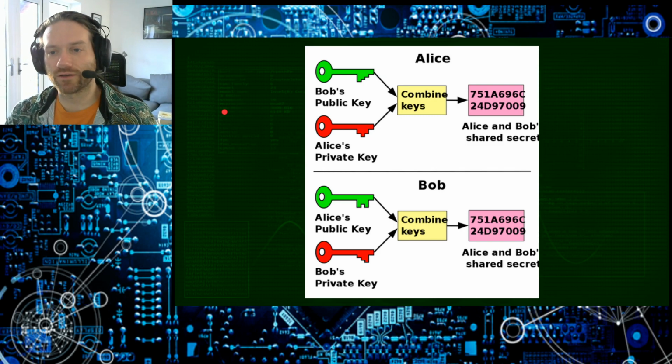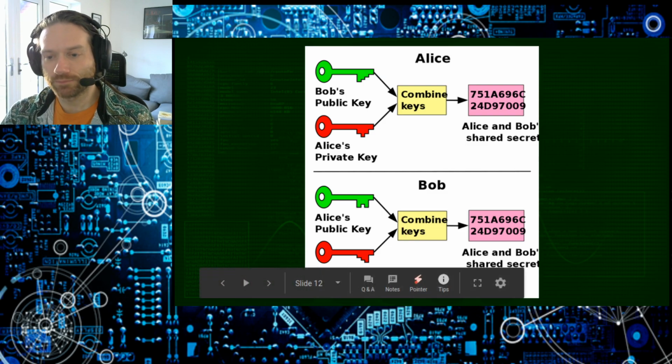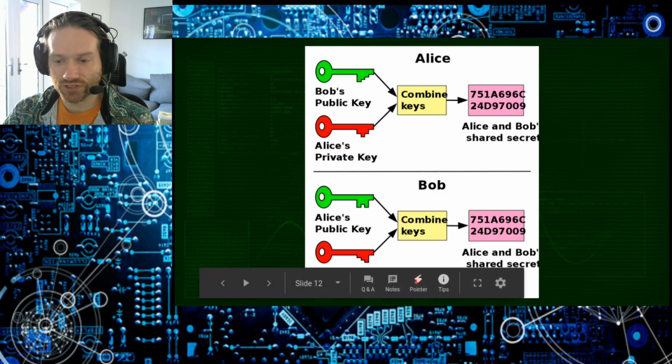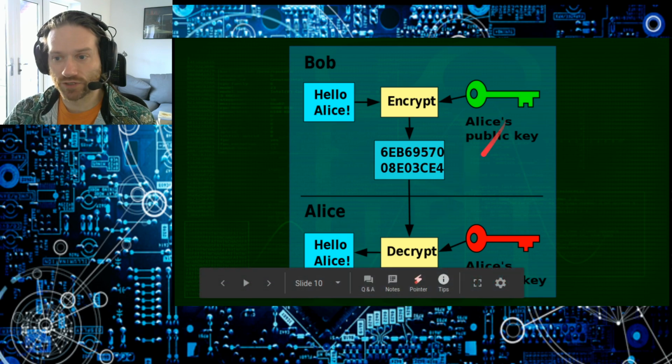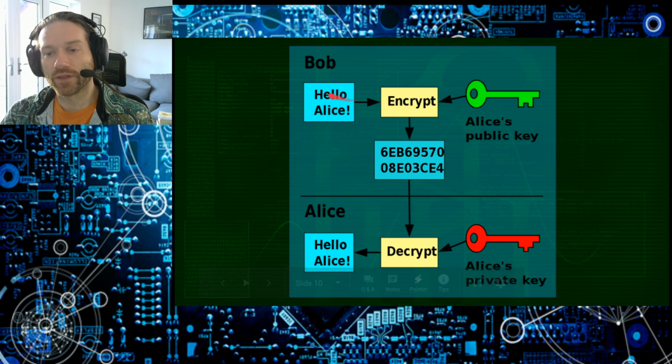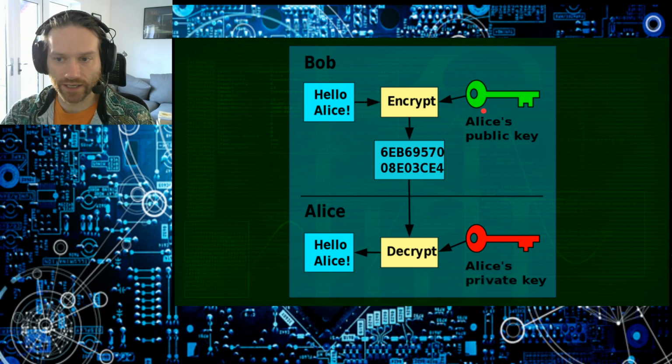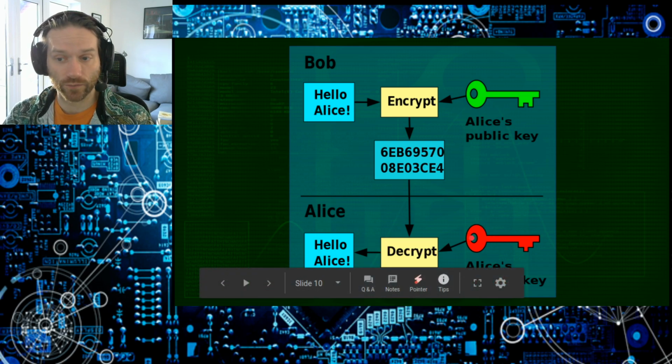So let me break this down a little bit. Remember, if Alice is just sending a message to Bob, or Bob is sending a message to Alice, when Bob encrypts using Alice's public key, he can't decrypt it. That's one way for Bob, because he doesn't have Alice's private key. Alice can decrypt it because she's got her private key. Likewise, if Alice was sending a message back to Bob in the same manner, she wouldn't be able to decrypt it.